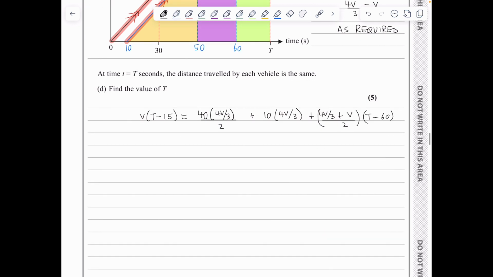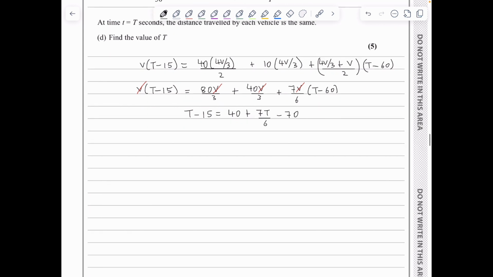So we're looking at capital V times T minus 15 being equal to 80 capital V over 3 plus 40 capital V over 3 plus 7V over 6 times T minus 60. So we observe that V is a common factor, so I will cancel it out, and we've got that T minus 15 is equal to 40 plus 7T over 6 minus 70.